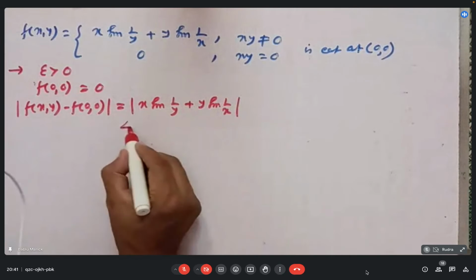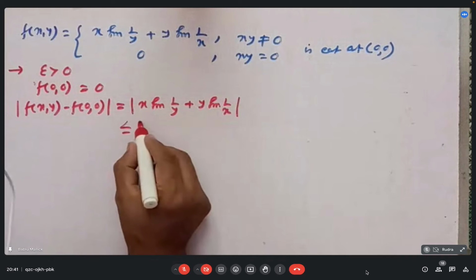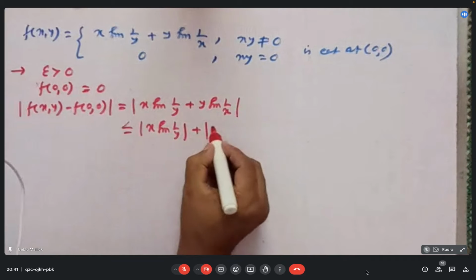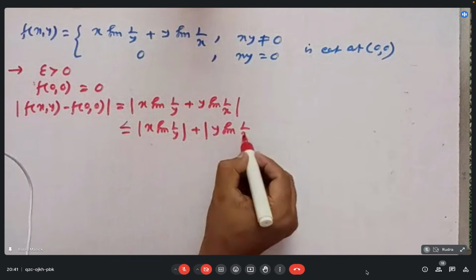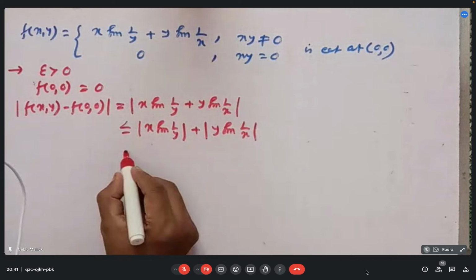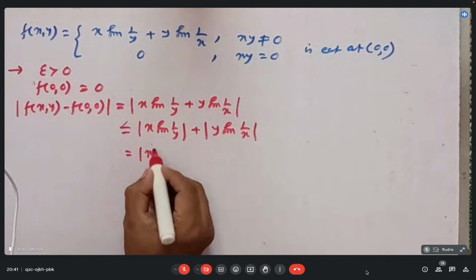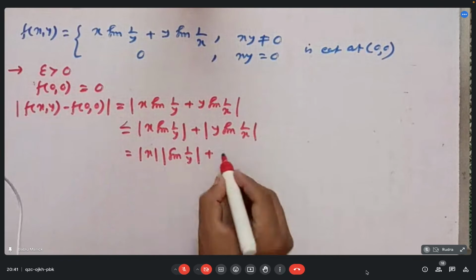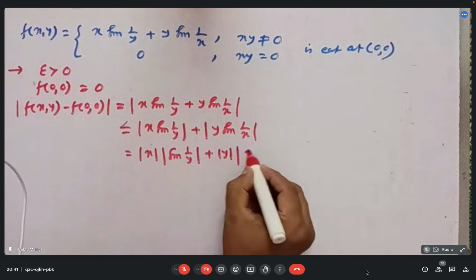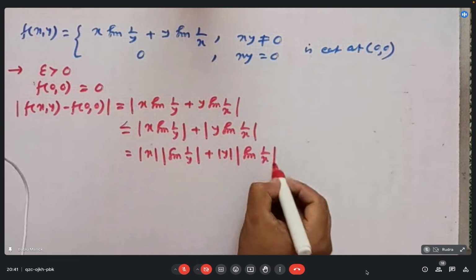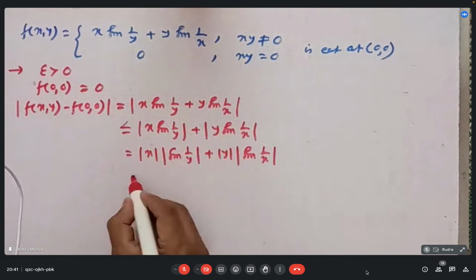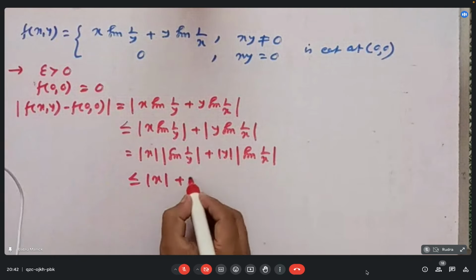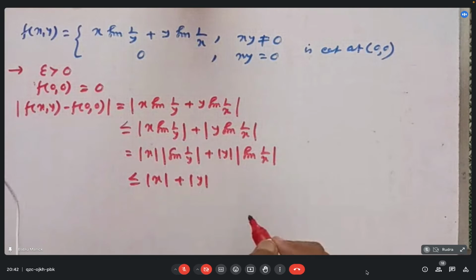Clearly it is less than or equal to, since modulus of a plus b is less than or equal to modulus of a plus modulus of b, modulus x times modulus sine(1/y) plus modulus y times modulus sine(1/x). The sine function has maximum value 1, so it is less than or equal to modulus x plus modulus y.